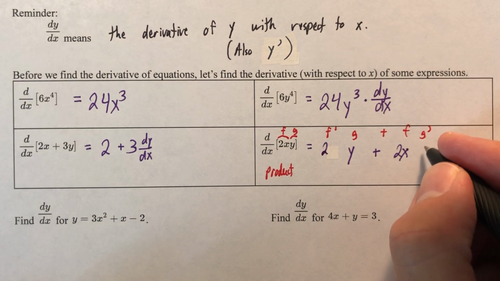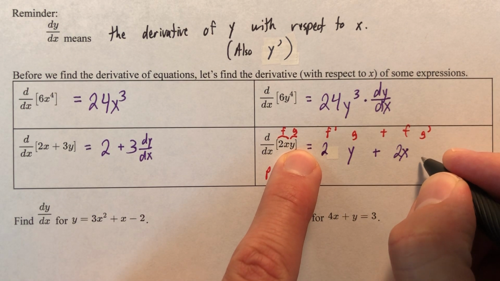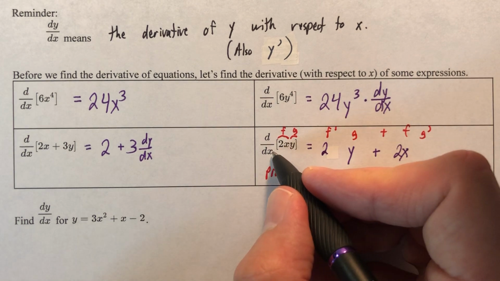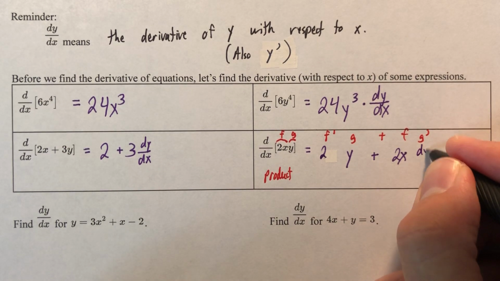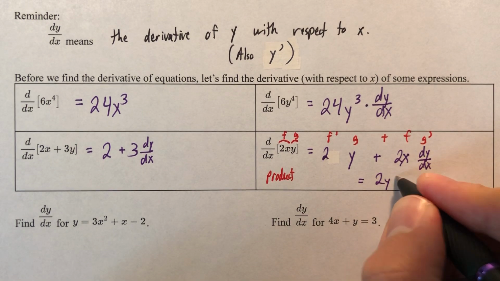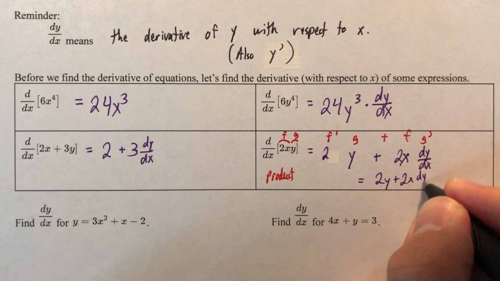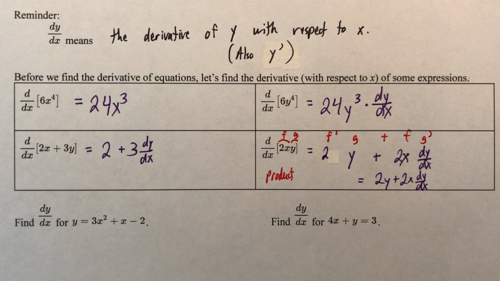Plus f g prime. The derivative of y is 1, but I'm taking the derivative of y with respect to x. Therefore, I need this. Okay, just to space everything closer together, this is 2y plus 2x dy over dx. Okay, let's expand this idea in the next video.